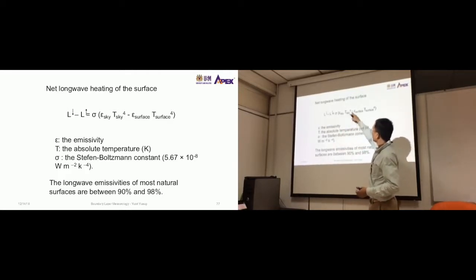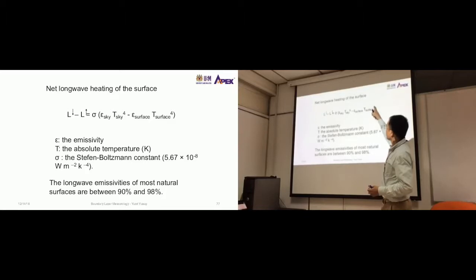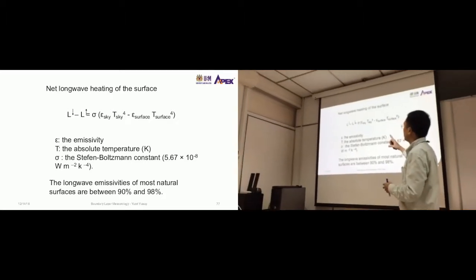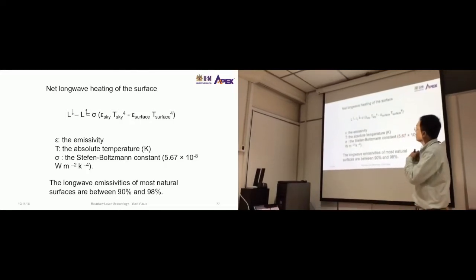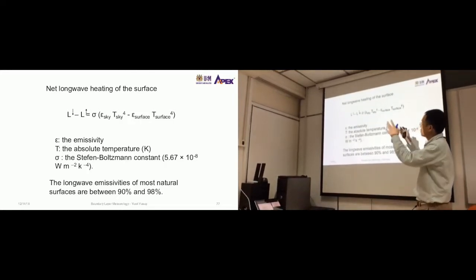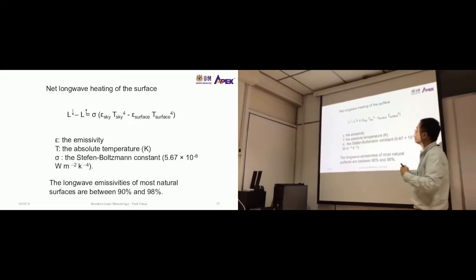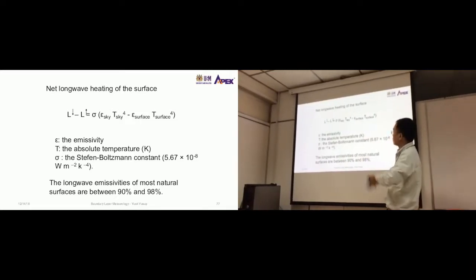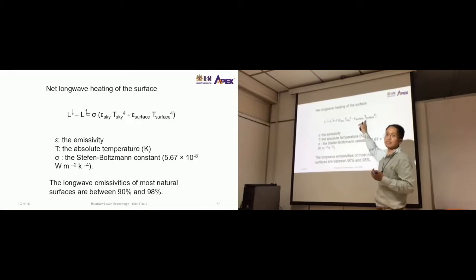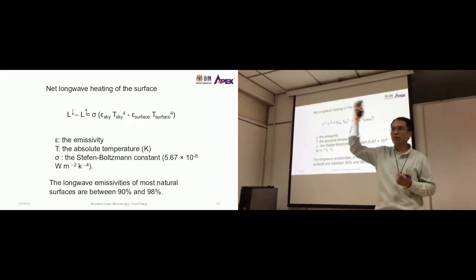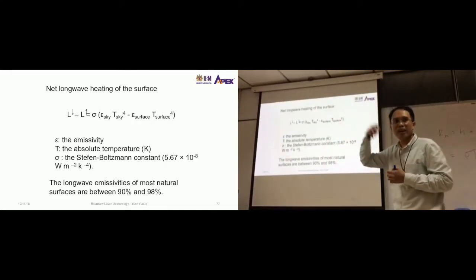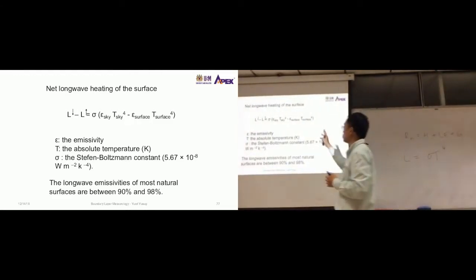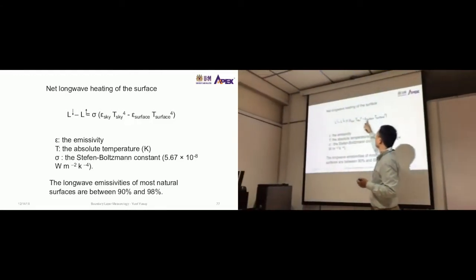The temperature of the sky to the power 4, minus the emissivity of the surface times the temperature of the surface to the power 4. So here we say that the sky is the incoming longwave radiation, but then the one that reflects is coming from the surface, because there's also some longwave that comes from the clouds, from the air molecules, and so on. That's why we have to take both into account. So the net is from the sky minus the surface.